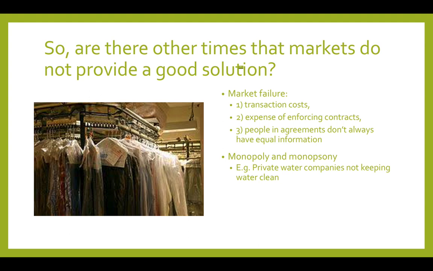So there has to be a reason to do that. Your average person living in a house isn't necessarily going to think to do that. So that's where you often have to have somebody outside who knows that things need to be tested, like government regulators, for example. Okay, another way in which markets sometimes don't provide good solutions is when monopolies and monopsonies develop.